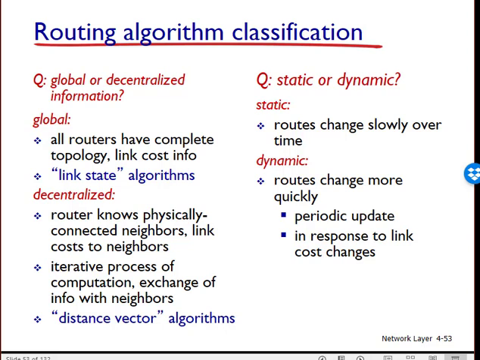While early ARPANET routing algorithms were load sensitive, several problems were encountered. Today's Internet routing algorithms such as RIP, OSPF, and BGP are load insensitive, as a link's cost does not explicitly reflect its current or recent past level of congestion.